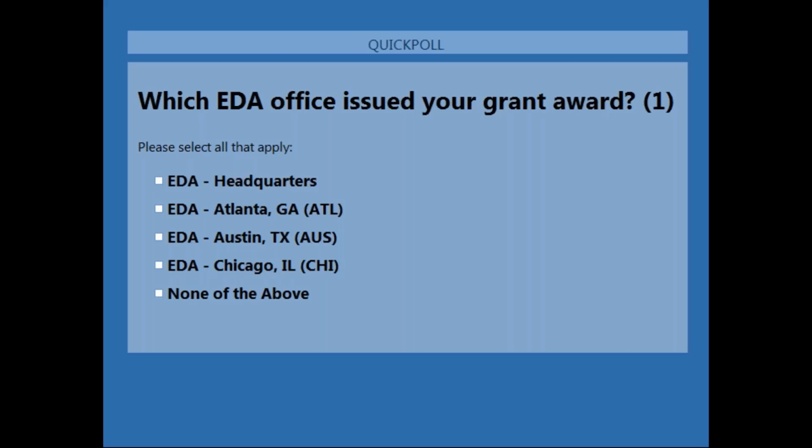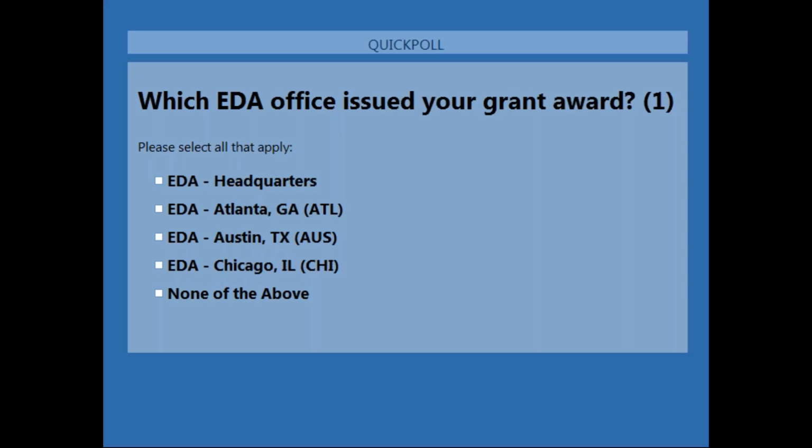Okay. And you should now see on the screen a question about which EDA region your grant is in. I see we're running neck and neck between Atlanta, Texas, and none of the above. We have a few from the Chicago region and very few from the headquarters region.